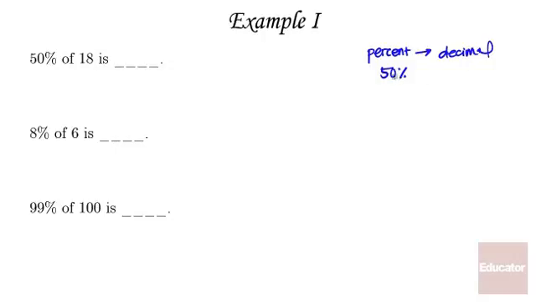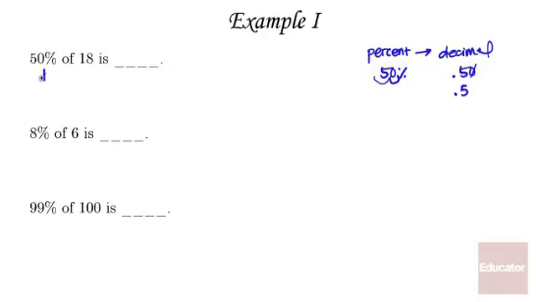So 2 spaces, it's going to be right here. 1, 2, drop the percent sign, becomes 0.50. Or because the 0 is at the end of a number behind the decimal point, it's as if it's not there. You don't even have to write it. So 0.50 is the same thing as 0.5. It's the same thing.